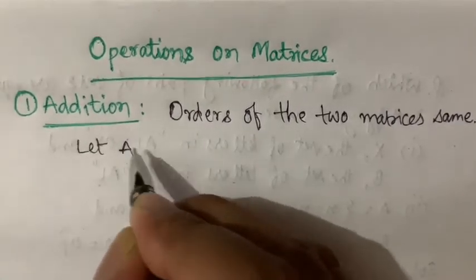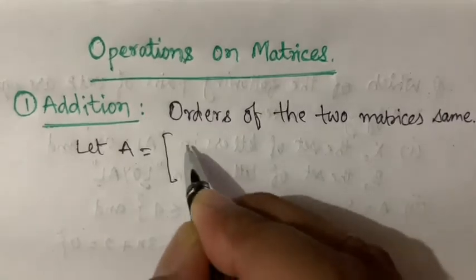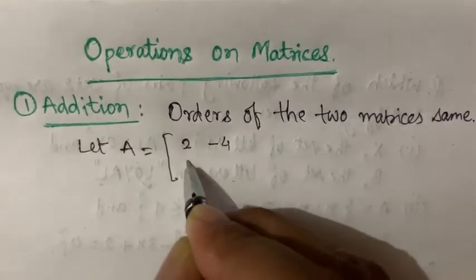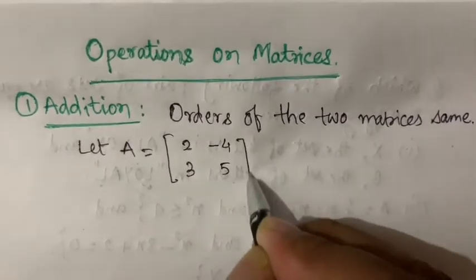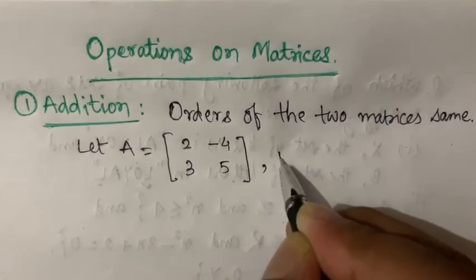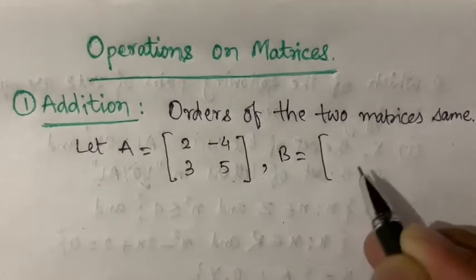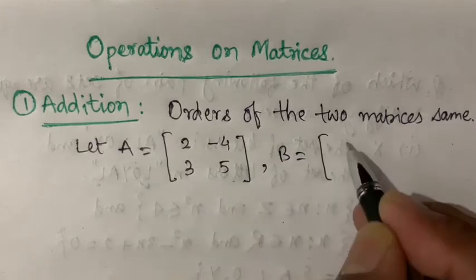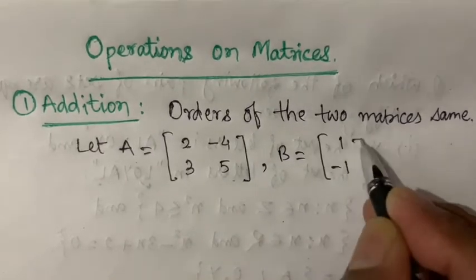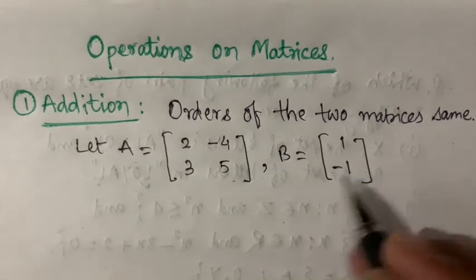For example, we suppose A as 2, minus 4, 3 and 5. Now B is a matrix of order different from this. Let us suppose 1 and minus 1. Can we add these two?